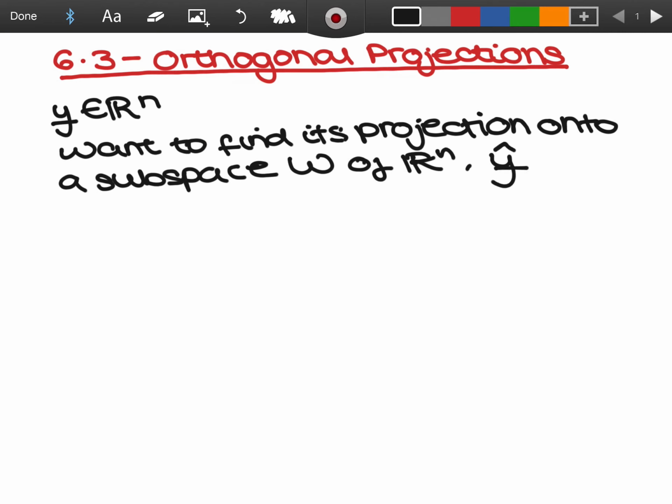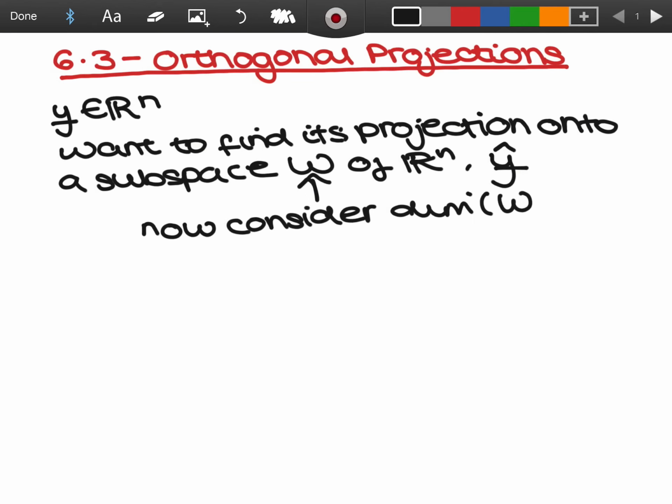Now if you remember as well, we're going to consider W to be more than one-dimensional. And remember that we wanted to be able to write y as this projection onto W plus some other vector that was orthogonal to W. It was orthogonal to that vector u, which meant it was orthogonal to y hat.